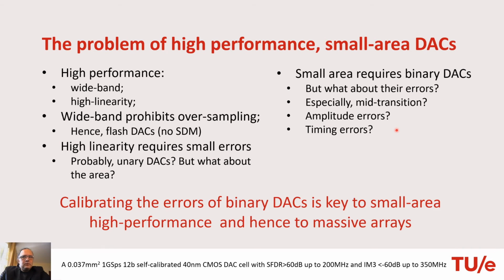And the way to do this is through calibration. Calibrating the errors of binary D2A converters is key to small area, high performance, and hence to massive arrays. And this is the main hypothesis of this work and the main topic of this presentation.